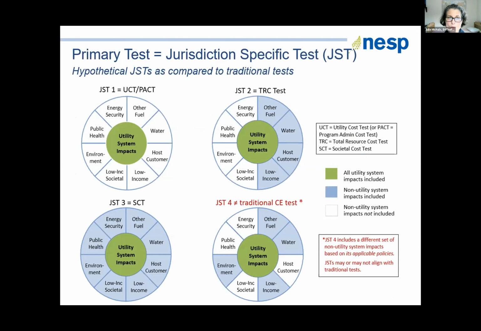Now, let's talk about the primary test using the NSPM, which leads to what the NSPM refers to as a jurisdiction-specific test. Now, when we published the NSPM for EE, we actually used a different term for this. We referred to it as a resource value test.